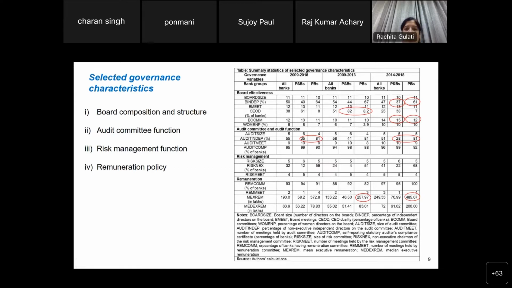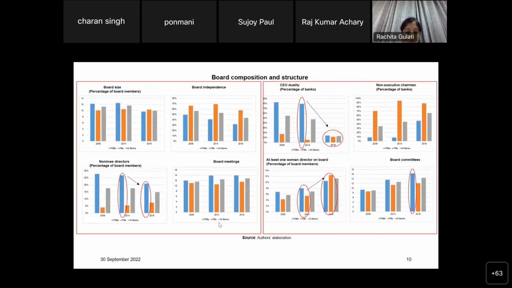On average, the board conducts 12 meetings in a year, with a frequency of one meeting per month. And in 83% of the public sector banks, the same person holds both roles. So CEO duality is nothing but this; recently in 2014, there were amendments in the governance code guidelines related to CEO duality.